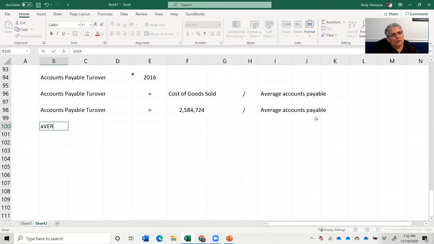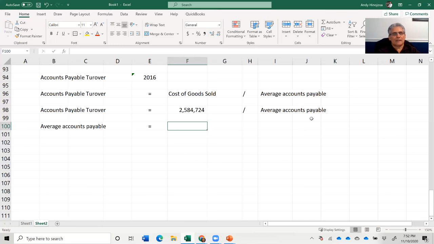So before we go any further, we have to compute the average accounts payable. And this is going to be pretty consistent with what we've done before. We have to take the ending balance plus the beginning balance, and we're going to divide that by 2.